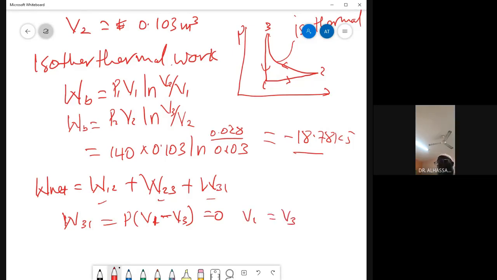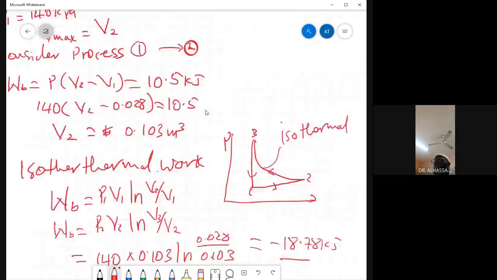You understand? So over here, our net W equals 10.5 minus 18.78 plus 0, which gives us minus 8.28 kilojoules.